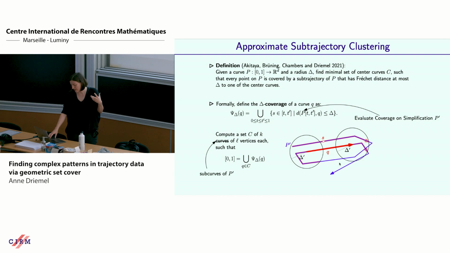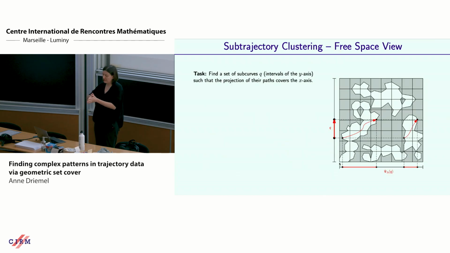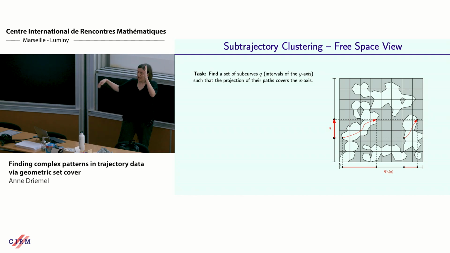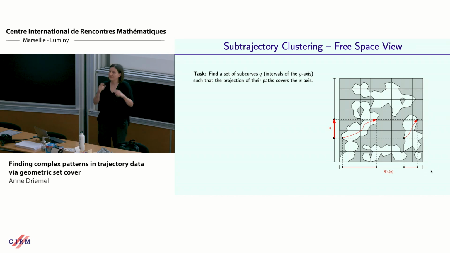Now we actually have a nice property, because we are in this free space diagram. We take the free space diagram of this simplified curve with itself, and we're interested in finding a set of intervals on this vertical axis, so that when we look at maximal paths in the free space diagram, from start to end, and project them down, we cover all of the curve with these intervals.